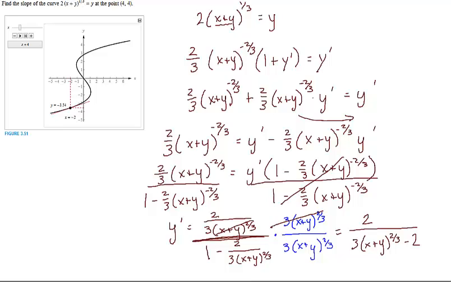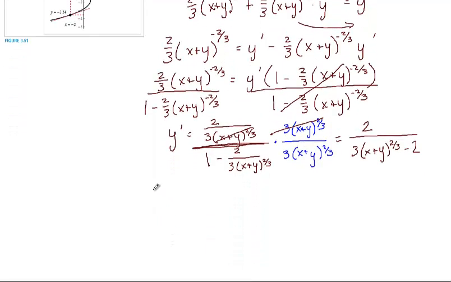So I want the slope at the point x equal 4, y equal 4. So I want y prime at 4, 4. So I'm going to plug in x equal 4, y equal 4, and then just crunch out the number.